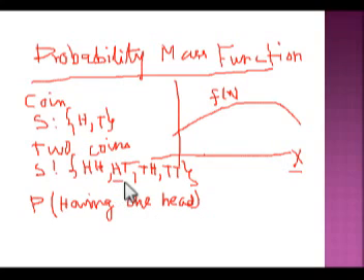Here is a head, here is also a head, and here is also a head. So having at least one head can happen in 3 out of 4 outcomes. So the probability is 3 by 4.